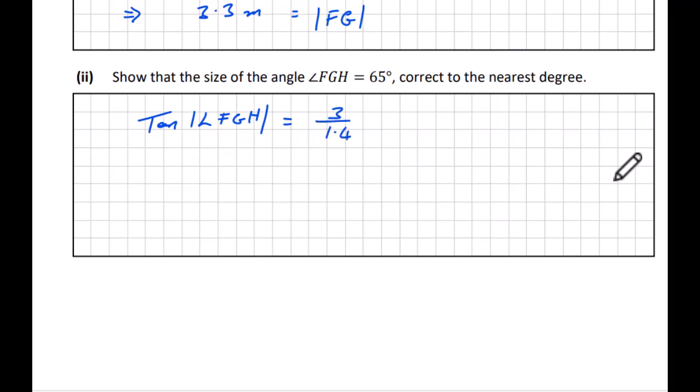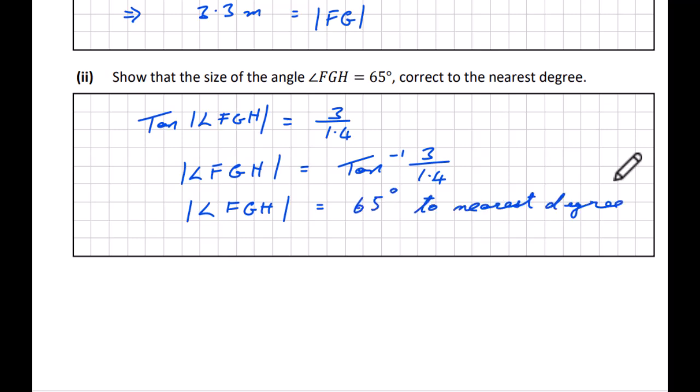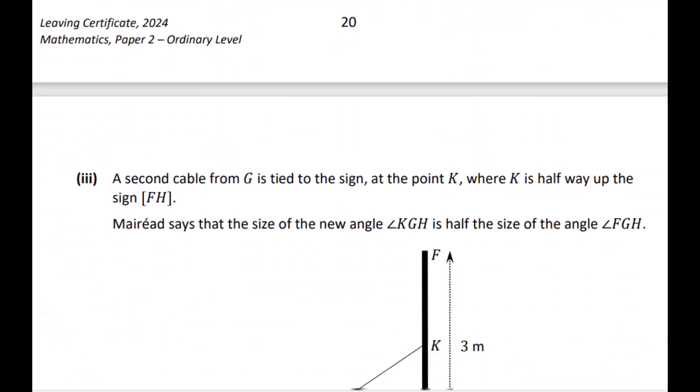So that just means that the angle FGH is equal to tan inverse of 3 over 1.4. So finally, our angle FGH to the nearest degree is 65 degrees. Okay. Next one then.